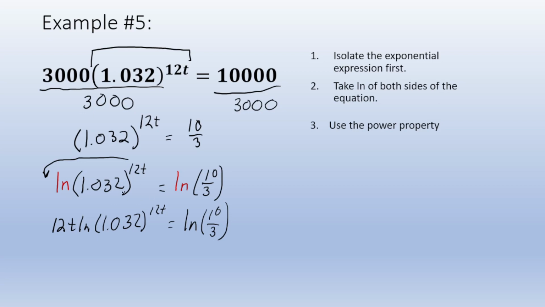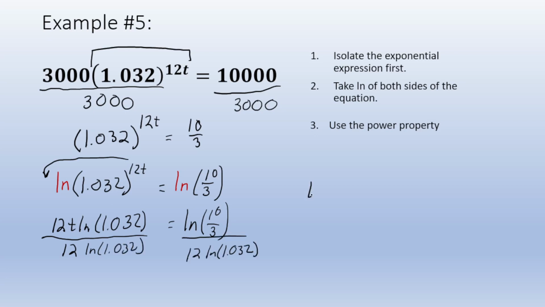So all that remains is to get t by itself. After we bring the 12t in front, we have 12t times the natural log of 1.032 equals the natural log of 10/3. And all that remains for us to do now to isolate the variable t is to divide both sides by 12 times the natural log of 1.032.